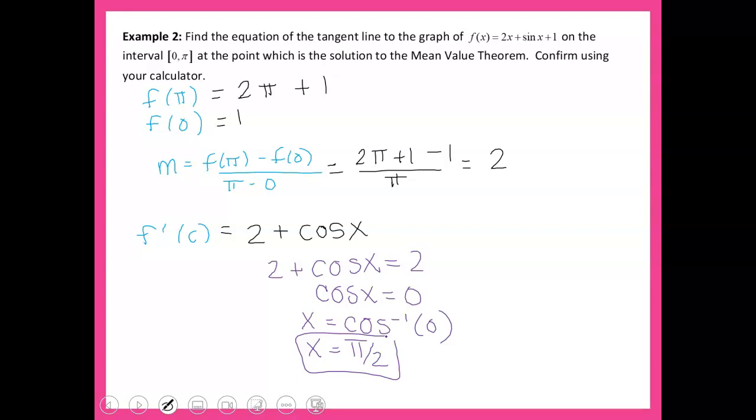If my interval was pi to 2 pi, then you would need 3 pi halves, because that would be the true point in that interval. The cosine inverse only gives you the principal value. But in this case, that's the only point in this interval.